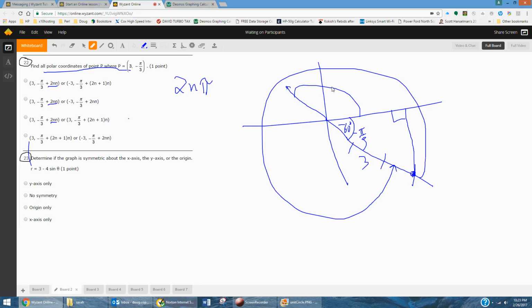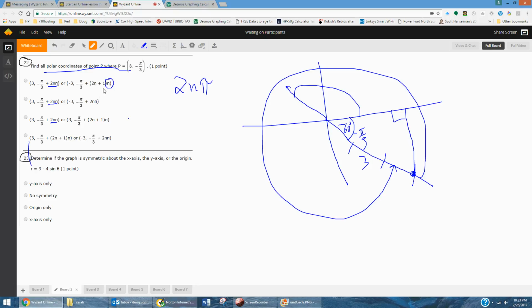So how many degrees is that? Well, it's 180 degrees from here, and pi is 180 degrees. Now if we went 2n pi, we'd go 360.